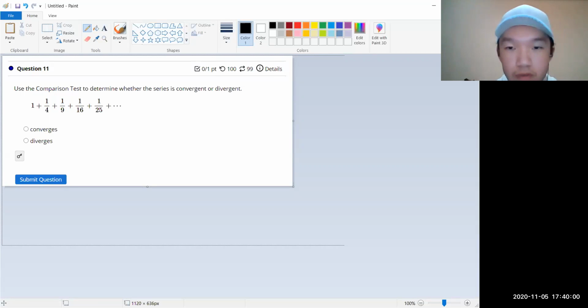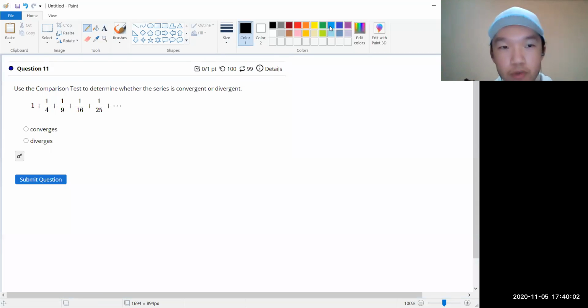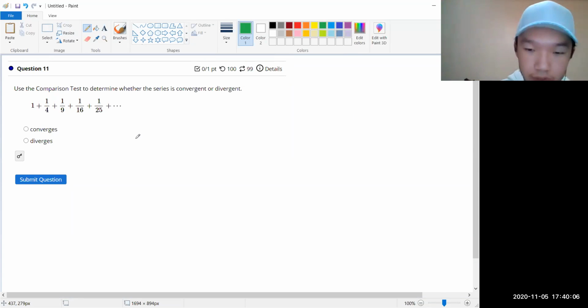Okay, well, this one forces you to write the formula for the series first. So were you able to do that? Were you able to write it in summation notation?